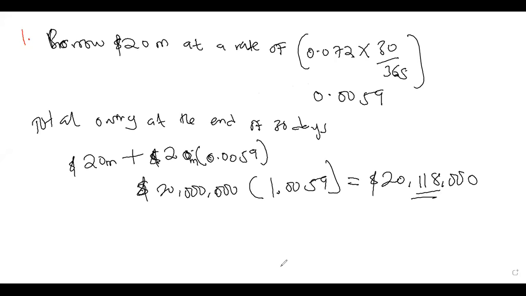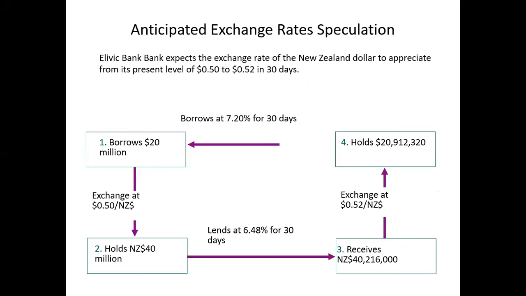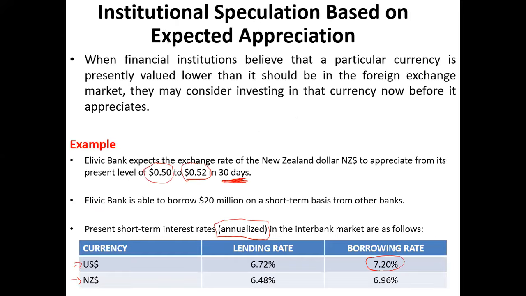Now, the question says that the present level of the exchange rate is $0.50 to the New Zealand dollar. Currently, the exchange rate is this.